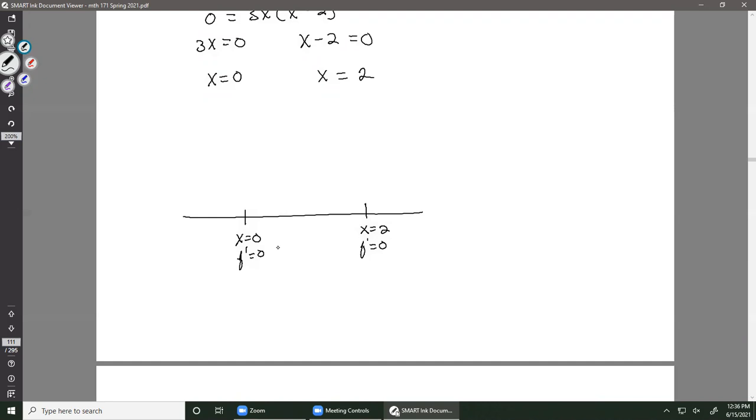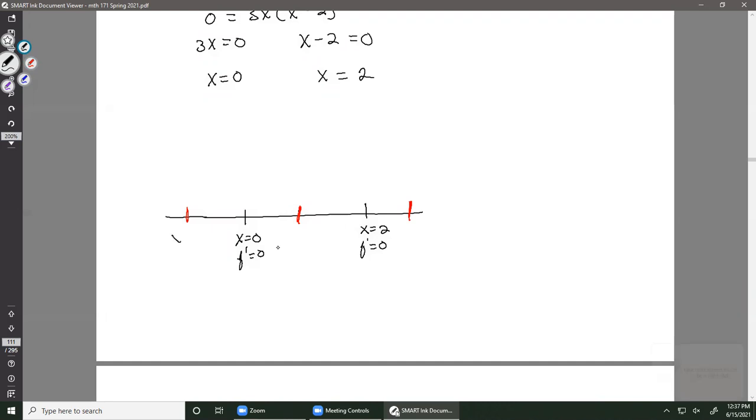So what we might want to do is find out what the graph is doing over here, I'm going to do this in a different color, what the graph is doing in between here, and what the graph is doing over here. So what is a nice number smaller than 0? -1.